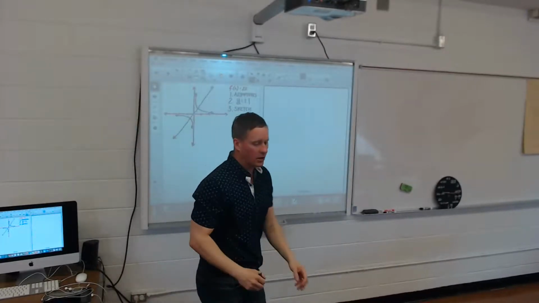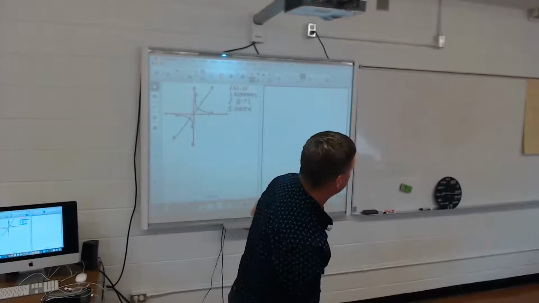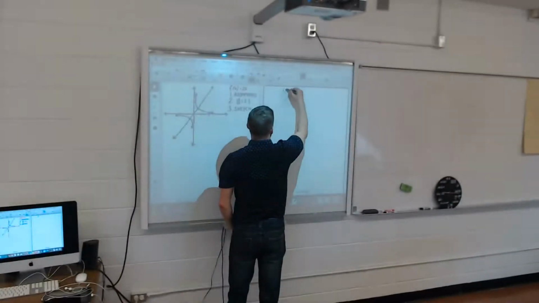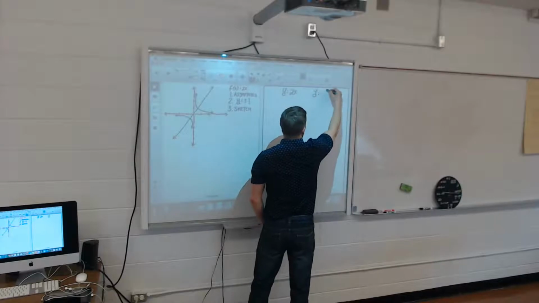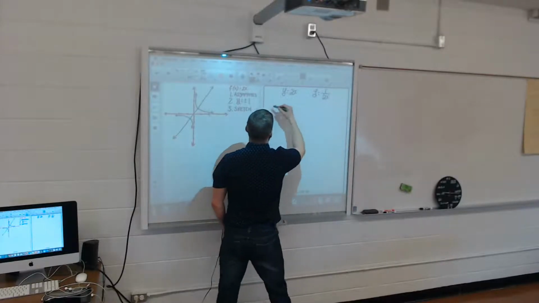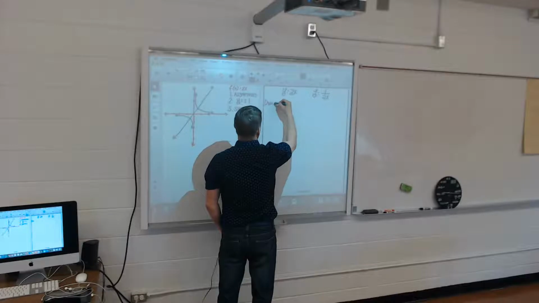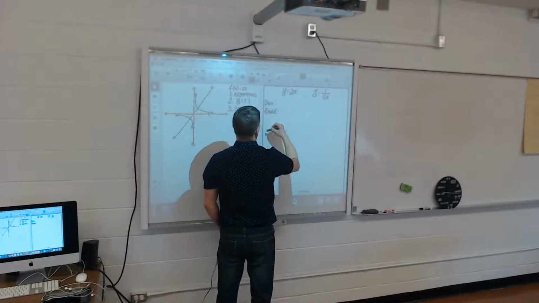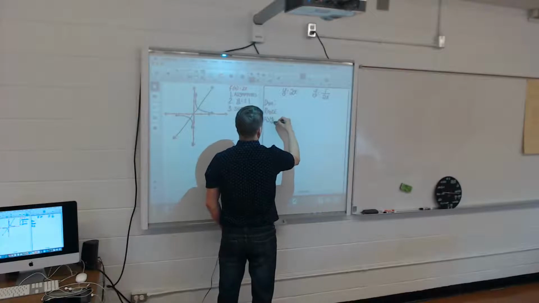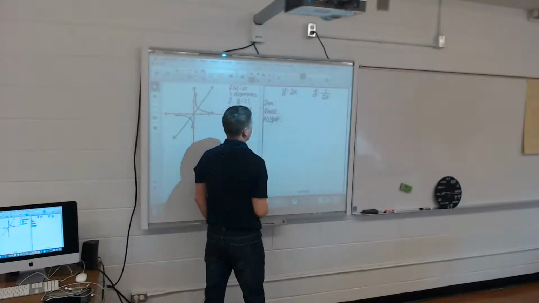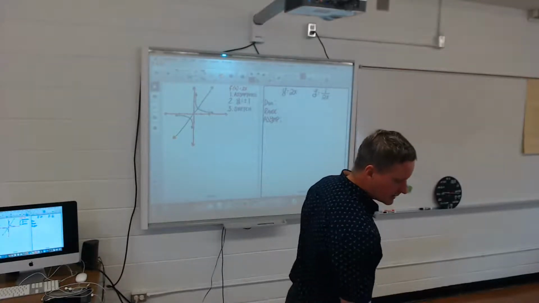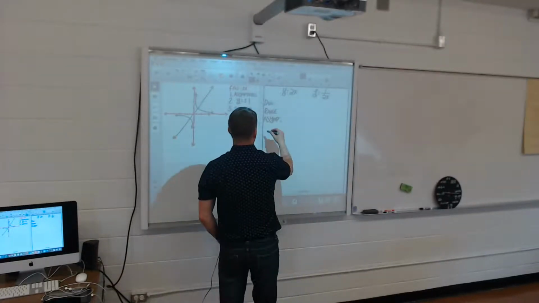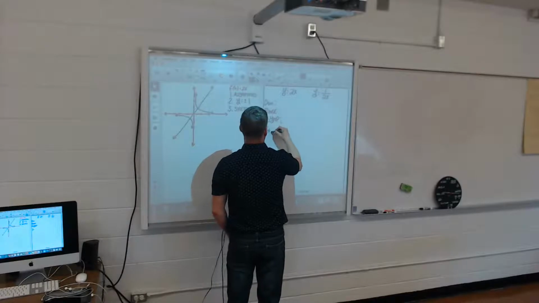When we're looking at y equals 2x and y equals 1 over 2x, my domain, range, asymptotes. What else do they have? Can x equal 0? I'll answer those as we go. And then the last thing is the invariant points.